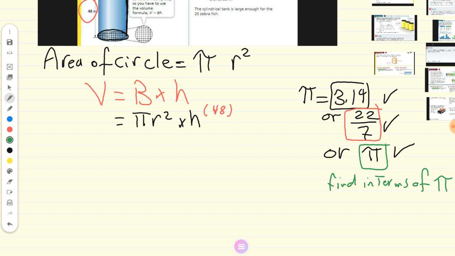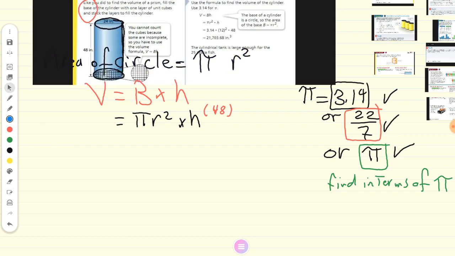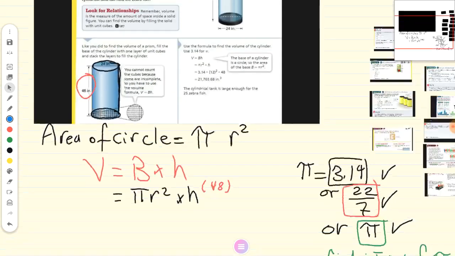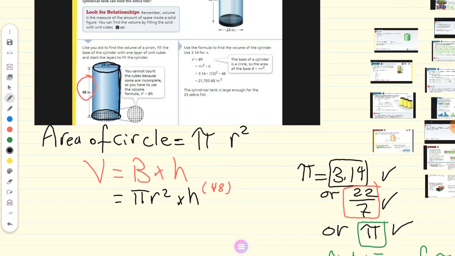What about r? R here represents the radius of the circle. But in the example here, he didn't give me the radius, he gave me the diameter. You know the diameter is from any point on the circle to another point, connecting between 2 points on the circle, but it must pass through the center. It's called the diameter.